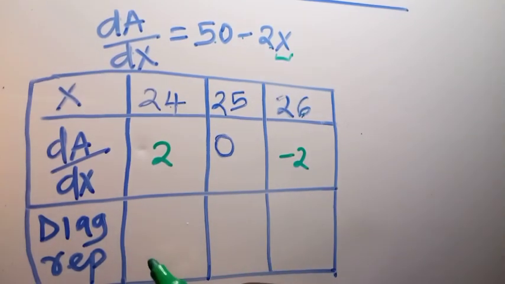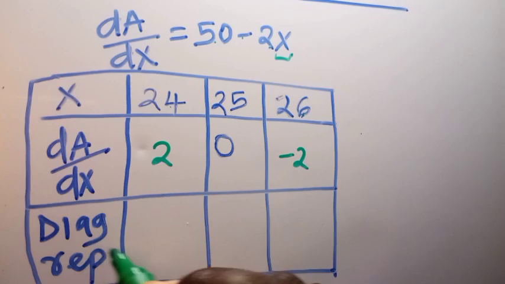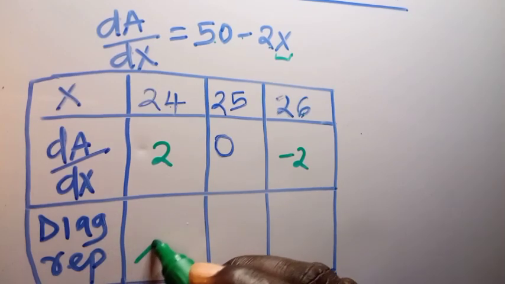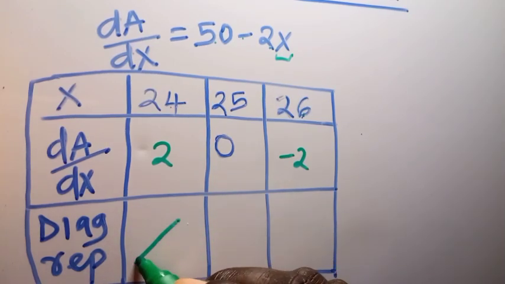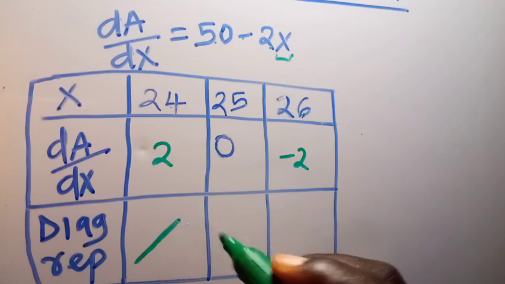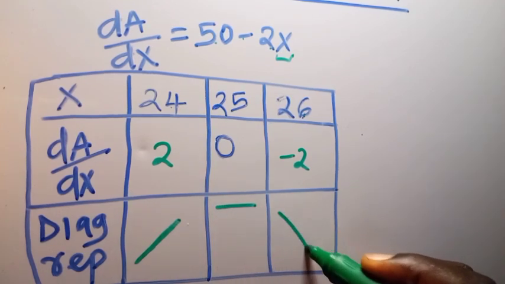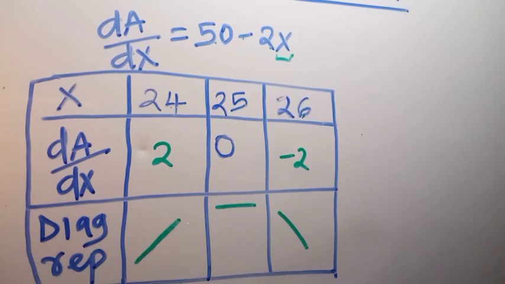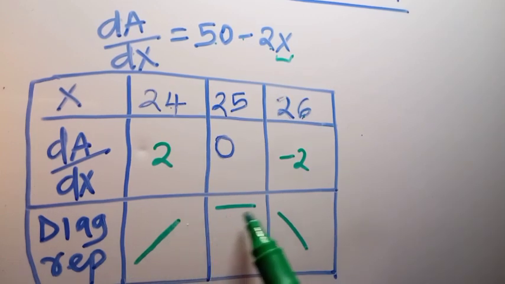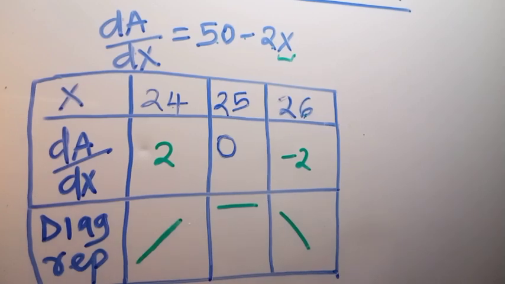Now, at this point, the diagrammatic representation will be positive, then 0, and then negative. And therefore, at this point, we shall have a maximum area. When x is 25, the area is maximum.